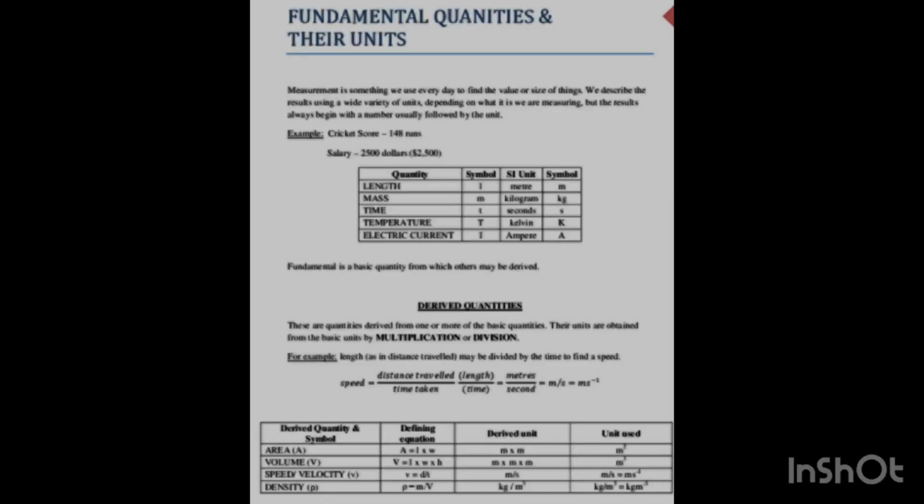And derived quantities are those that are derived from basic units, that is, from fundamental quantities. I've also covered some derived quantities and their units and how they are formed from basic units.